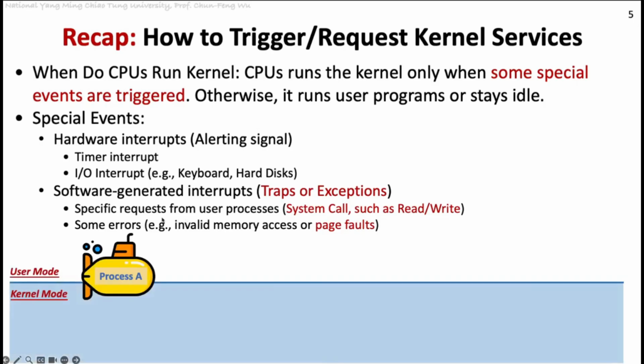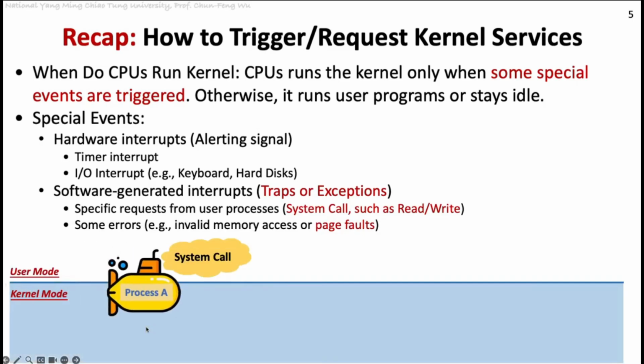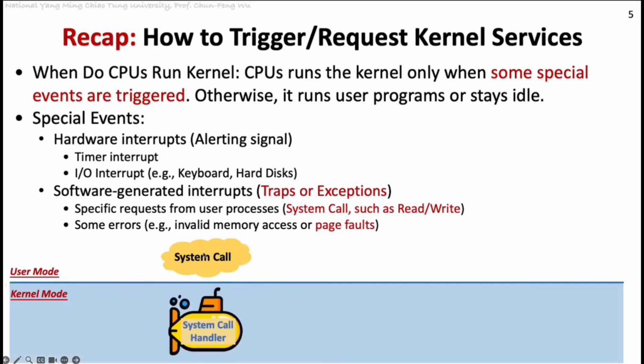In the same example, here is a user process. When the submarine is above the water surface, the CPU is in user mode, and when the submarine dives into the water, the CPU is in kernel mode. When there comes a system call, for example when you write a program to read a file or write a file, after the library translation the CPU needs to make a system call to interact with the hardware device.